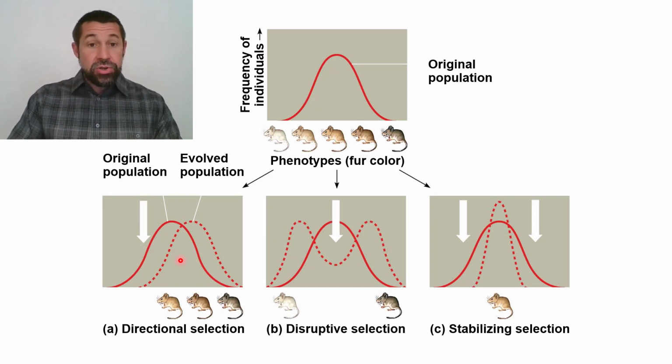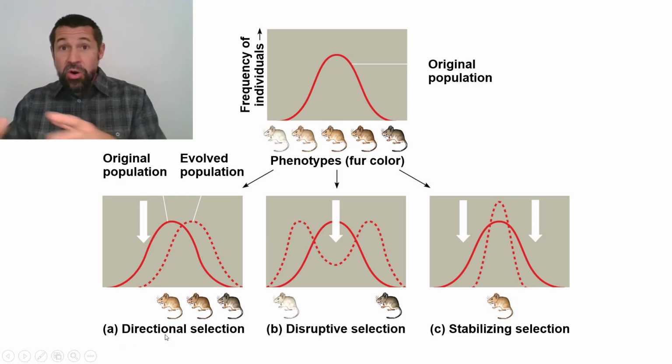It's shifted to the right towards those darker phenotypes. And then here you can see the new distribution is the dashed line.